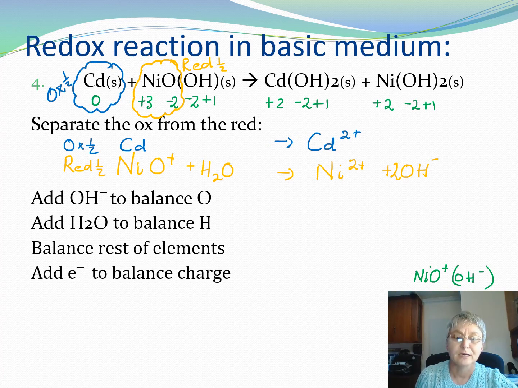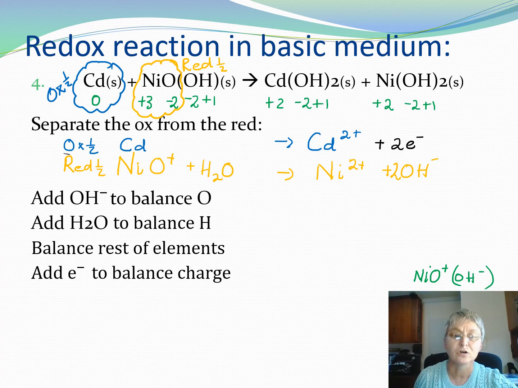Then we need to add electrons to balance the charge. Now, in the oxidation half reaction, the cadmium has no charge, and on the product side there is a 2+ charge, so we need to add 2 electrons in order to neutralize that charge.